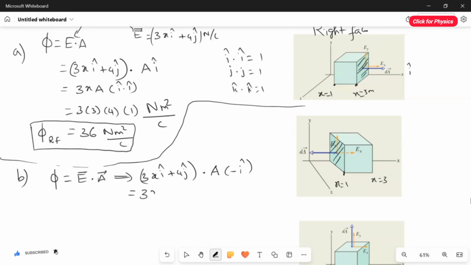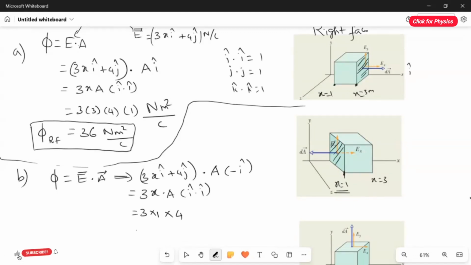So 3x multiplied by area multiplied by I cap dot I cap, and I cap dot I cap is equal to 1. So we substitute 3 multiplied by, and the corner of the left side is x equal to 1 meter. So 3 multiplied by 1, and the area of this cube is 4. So 3 multiplied by 4.